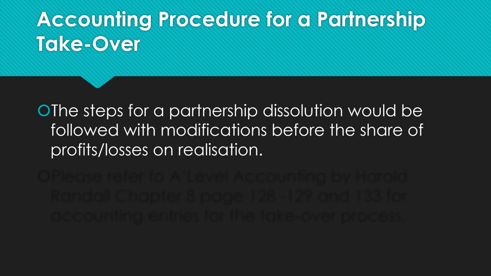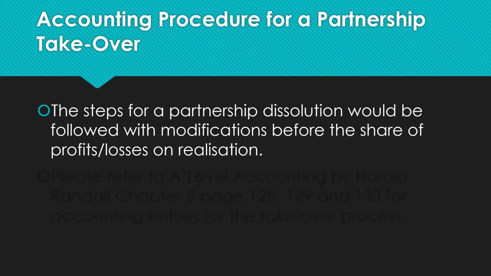To record the proceeds you receive from selling or realizing this asset, depending on if you're using a cash account or a bank account, you would debit either your cash or your bank account, and then you will credit the realization account.